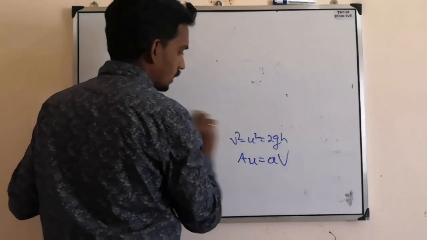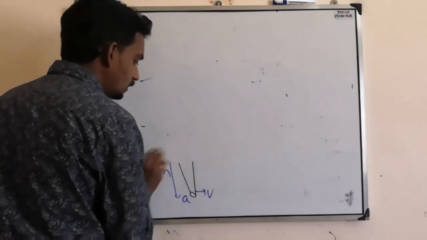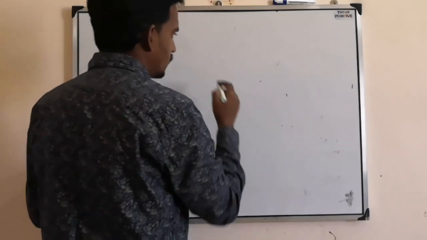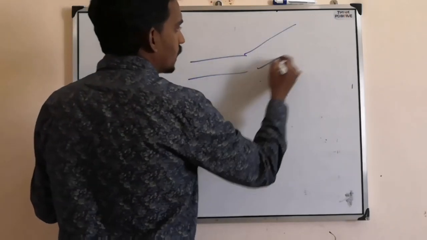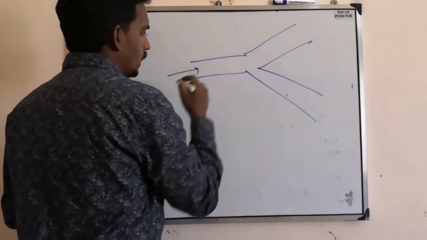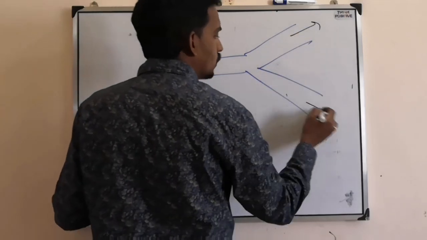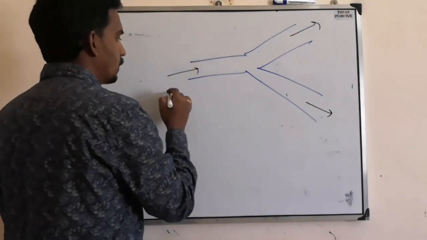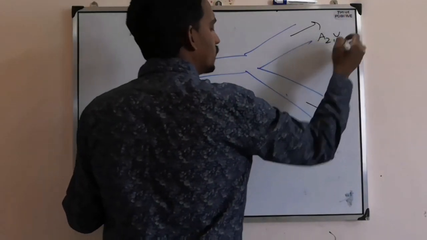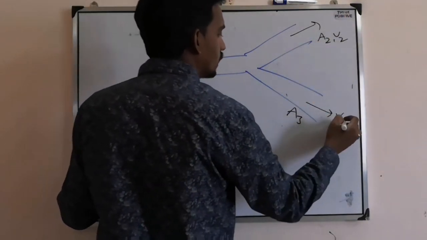And this is another type. One more type of question will come, an important model. If multiple pipes are connected at one point as a junction, then the rate of inflow must be equal to the rate of outflow. Here area A1 speed V1, here A2 V2, here A3 V3.